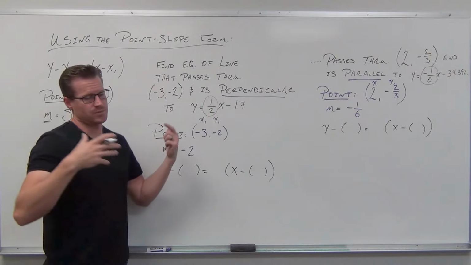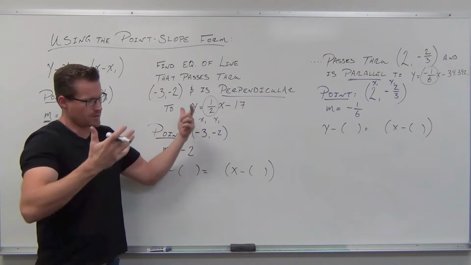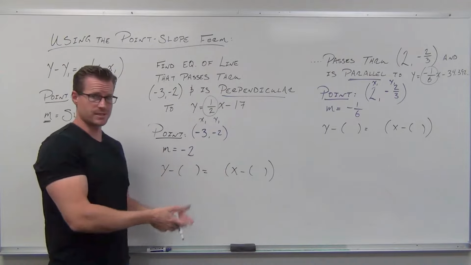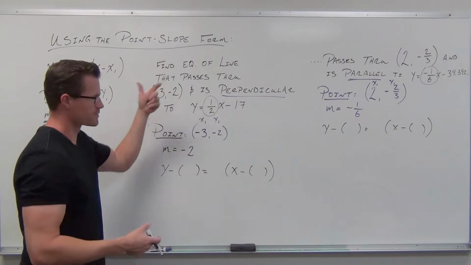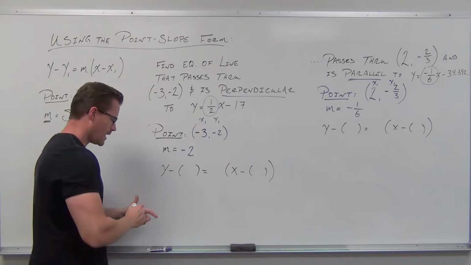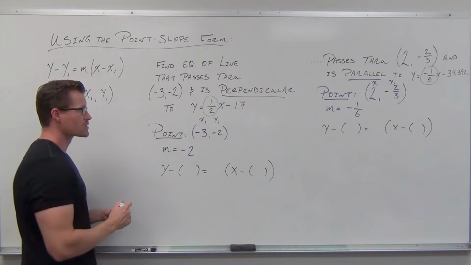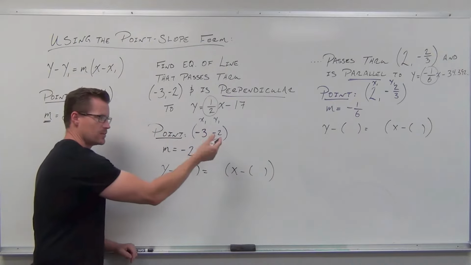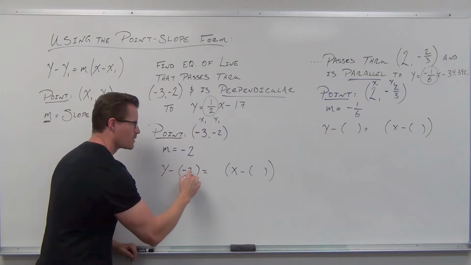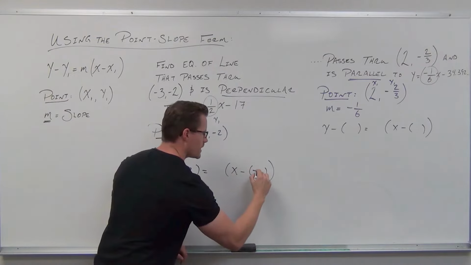When you see, hey, I'm trying to find the equation of a line, I know I'm using that formula. I've got to find a point and slope. Give it to me, cool. Find it from something else, not a problem now. And then we start plugging in some numbers. I know that my y coordinate goes with my y variable, x coordinate goes with my x variable.